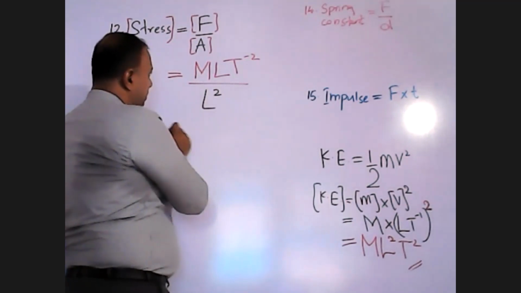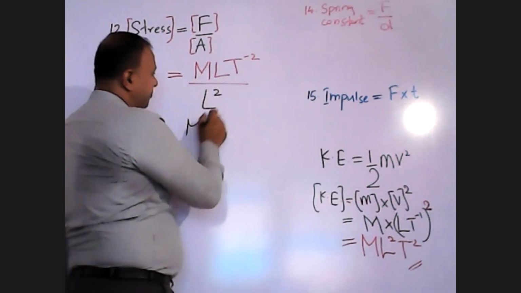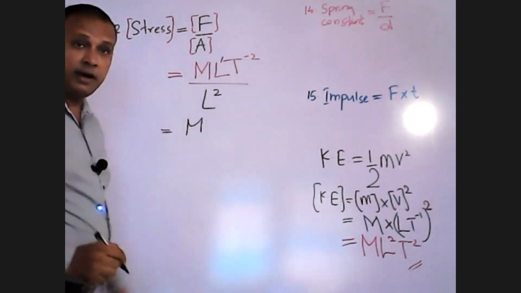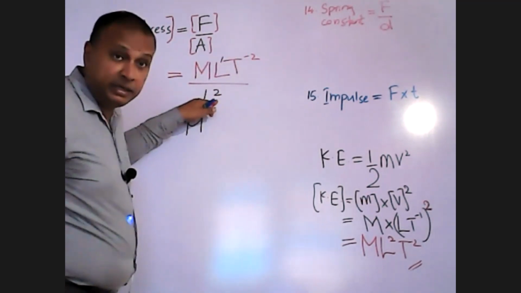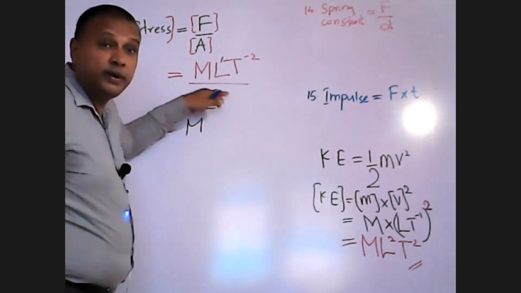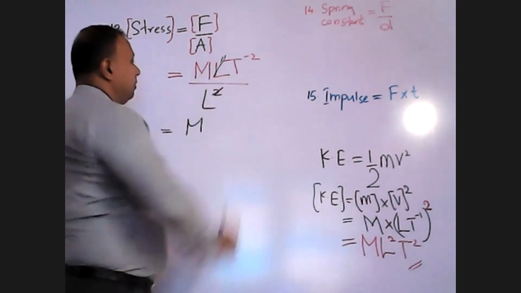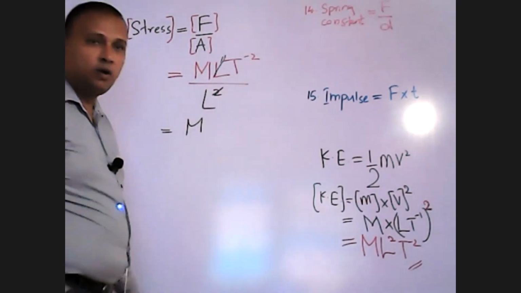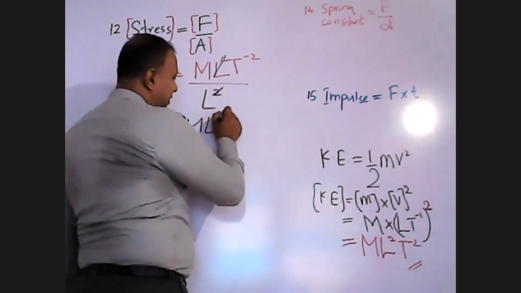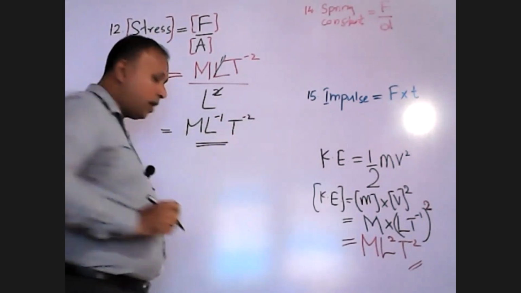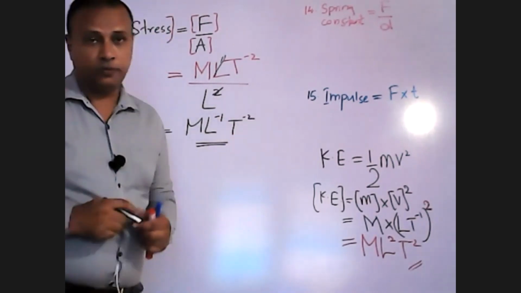So this is M L to the power 1, and the denominator is L to the power 2. Then one L will be cancelled out. Then ML^-1 T^-2.